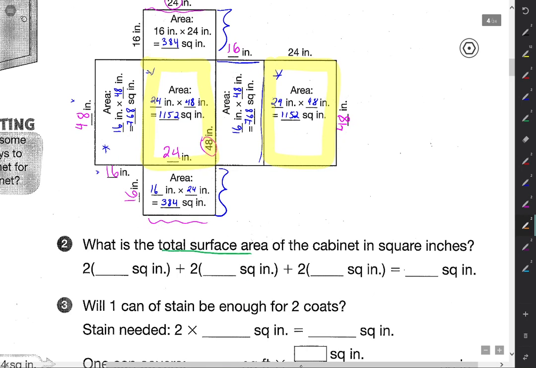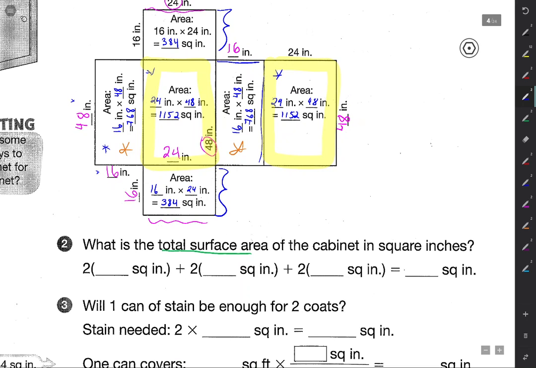And finally, this one here matches with this one here. So when we find our total, we can take one of those areas and times it by 2, which is what they're doing in the formula over here. So we're going to plug in the area of one side and then we're going to times it by 2 because there's a matching pair of them. So let's start off with the ones I did in yellow.